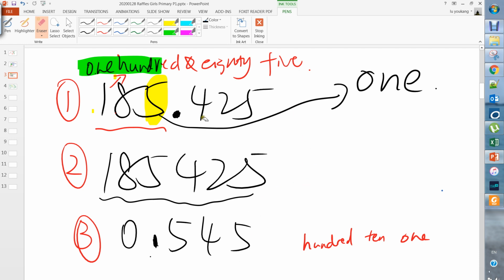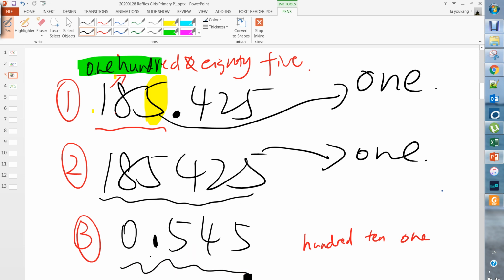The 5. Which 5? At the end. Okay. Then now, which one is the 1 position? How come you take so long?